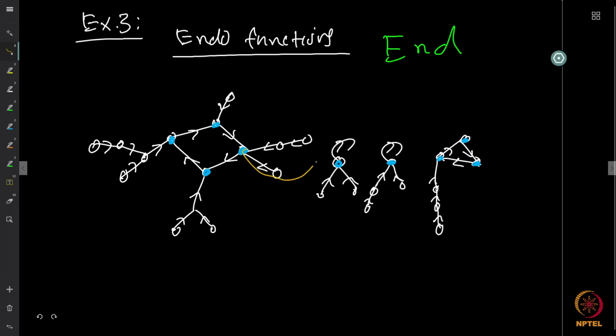Even this vertex, we have these two trees, it is the root of this tree and this tree. Then here you have a tree with just one vertex, which is the root. Here is another tree with one vertex.